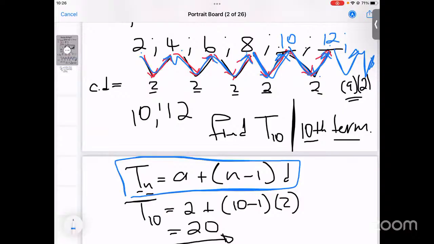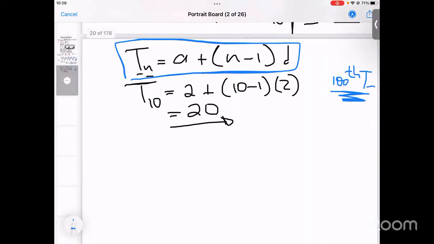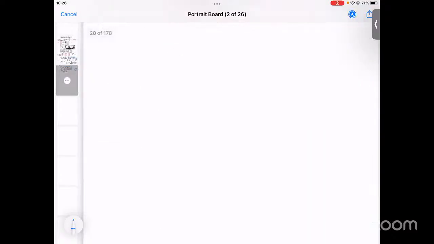Imagine if they say 100th term. You can't keep on adding and adding, and by the time you get to the 100th term they're going to say time is up, and you only did one question, and then it's a fail. Honorable member, it's a complete fail.